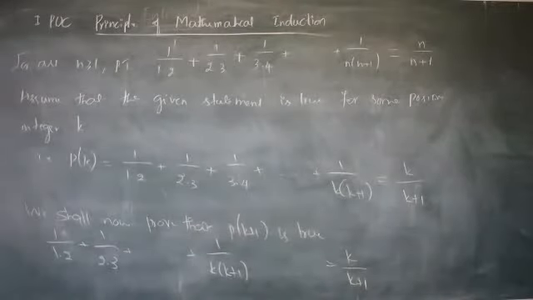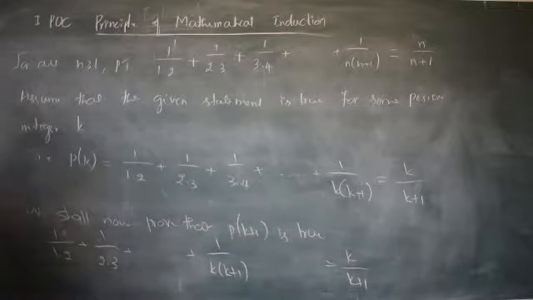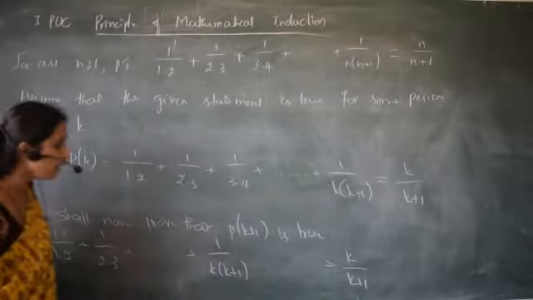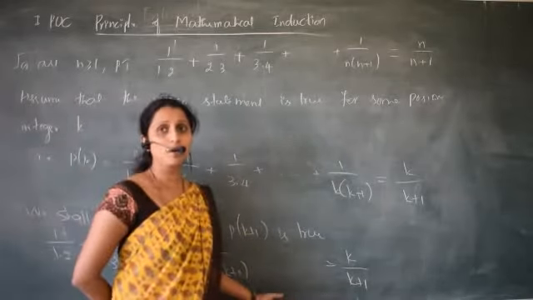So we have to add the next term. What is the next term? First term is 1 by 1 into 2. Next is 1 by 2 into 3. Next is 1 by 3 into 4. Next is 1 by 4 into 5. Next is 1 by 5 into 6. And the kth term is 1 by k into k plus 1. Therefore, what is the next term?